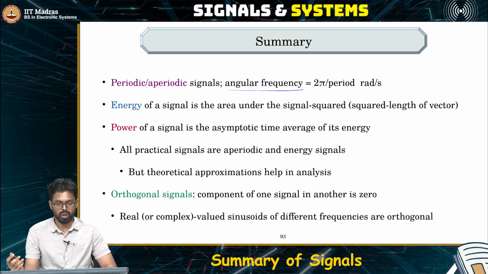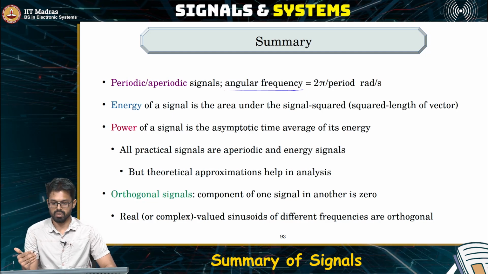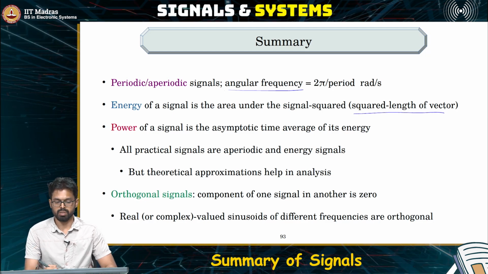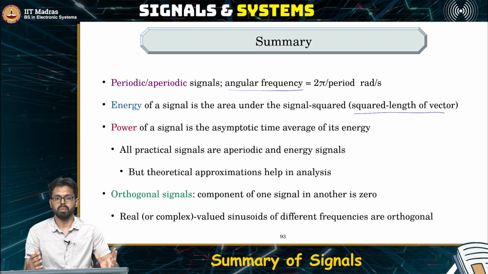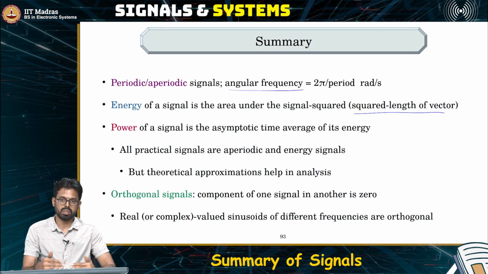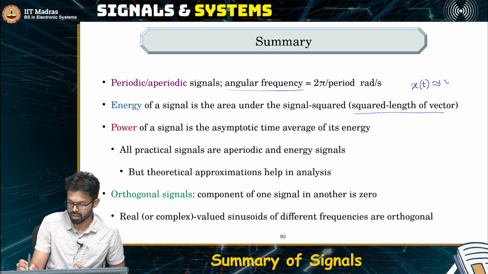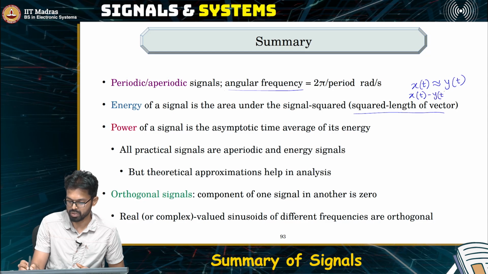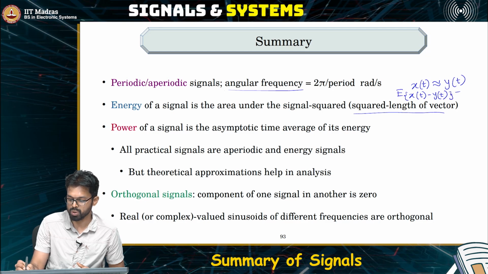Okay, and then we saw what is the energy of a signal, and the energy of the signal is essentially equivalent to the length of a signal when you think of the signal as a vector. So you say that the energy is equivalent to the squared length of the vector, and it helps us later to compare multiple signals. So if I was given a signal x of t and I want to say that the x of t signal is approximately equal to the signal y of t, then we can say that by claiming that the difference of these two signals has an energy which is almost equal to 0.